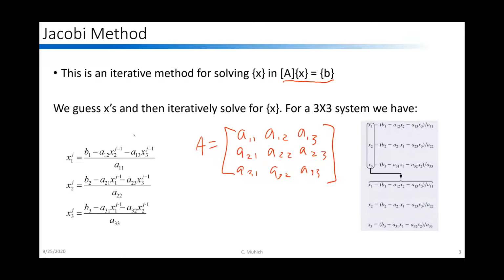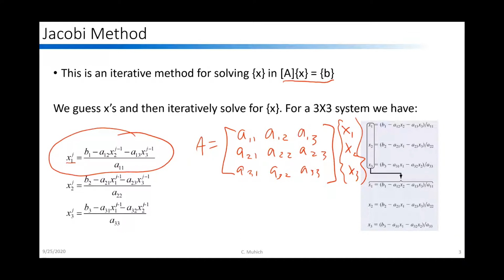So we can transform each individual x into one specific equation in a 3x3 system. If I write this out, x1 is going to be b1 minus a12 x2 minus a13 x3, all over a11.